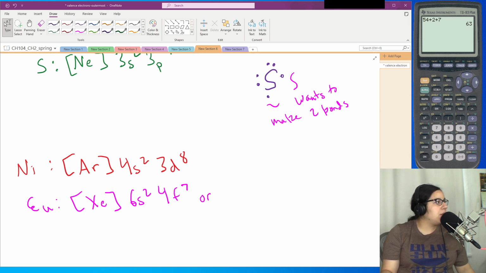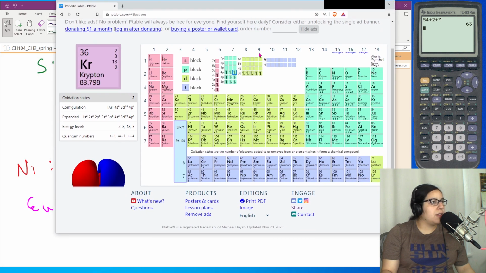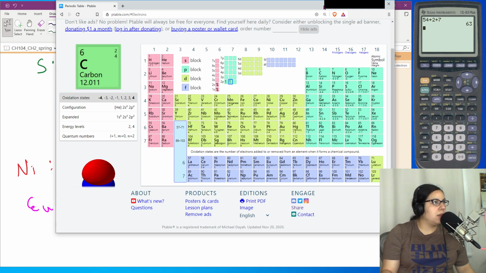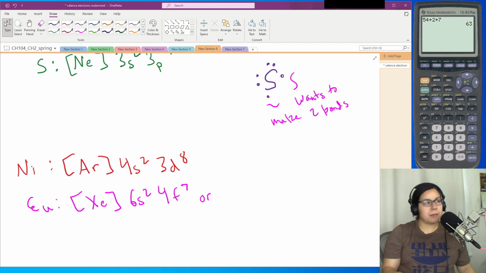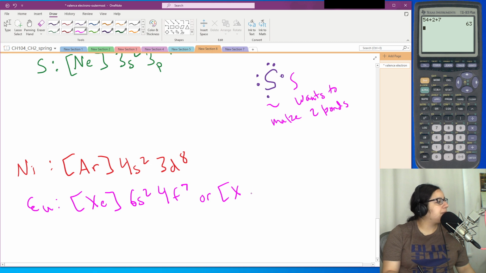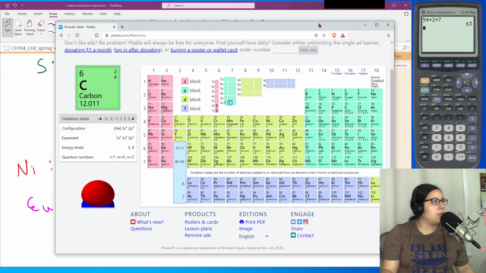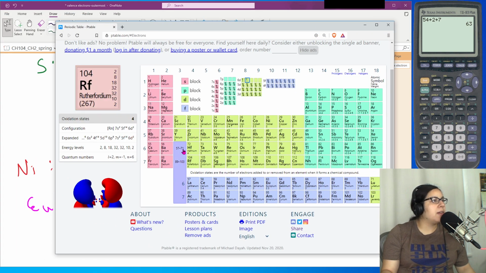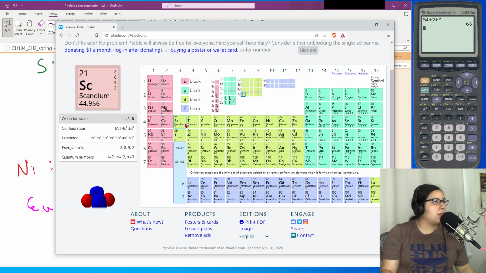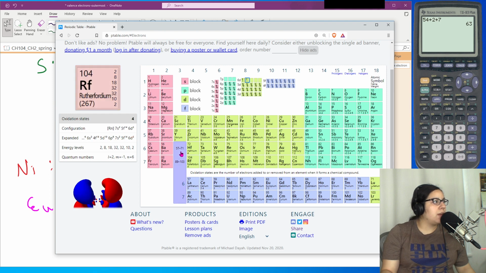Exactly. So if your table has lanthanide and actinide over here, then what you may be tempted to do instead, and I would not mark you wrong for this, is you could write xenon 6s2, and then if you're just going in order, you have lanthanide over here, so 57. So you could say that that's 5d1 over here.